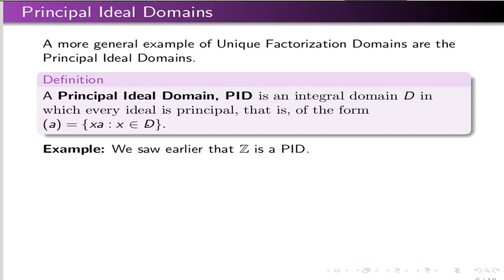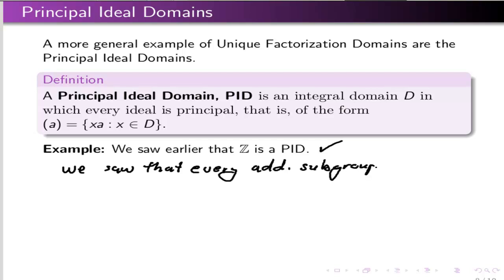So we've already seen this example here that the integers are a principal ideal domain. Indeed, we saw that every additive subgroup of Z is of the form D times Z, the set of all multiples of some fixed element.